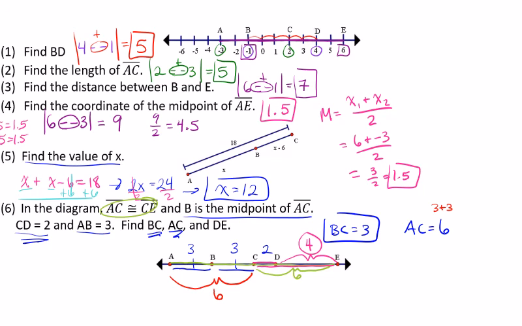I know that CD plus DE equals CE, so I'm asking myself 2 plus what equals 6. Another way to answer that is to subtract 6 minus 2, which is 4. So the value that we found for DE is 4.